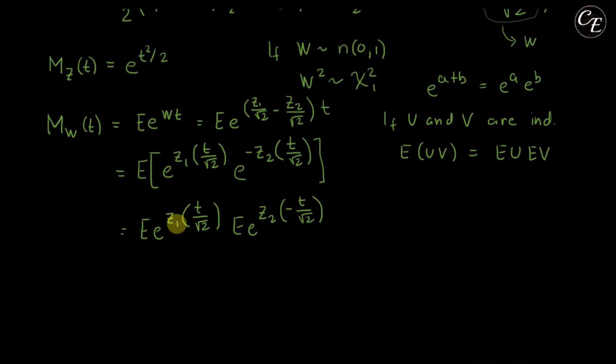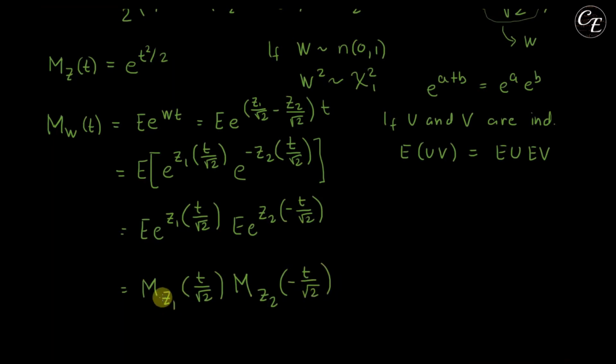If this z sub 1 is this w and this t over square root of 2 is this t in here, and also with this one, if z sub 2 is w in here and this term in here is t in here, then this is equal to the moment generating function for z sub 1. Then we have here t over square root of 2, then times the moment generating function for z sub 2 times this one, negative t over square root of 2.